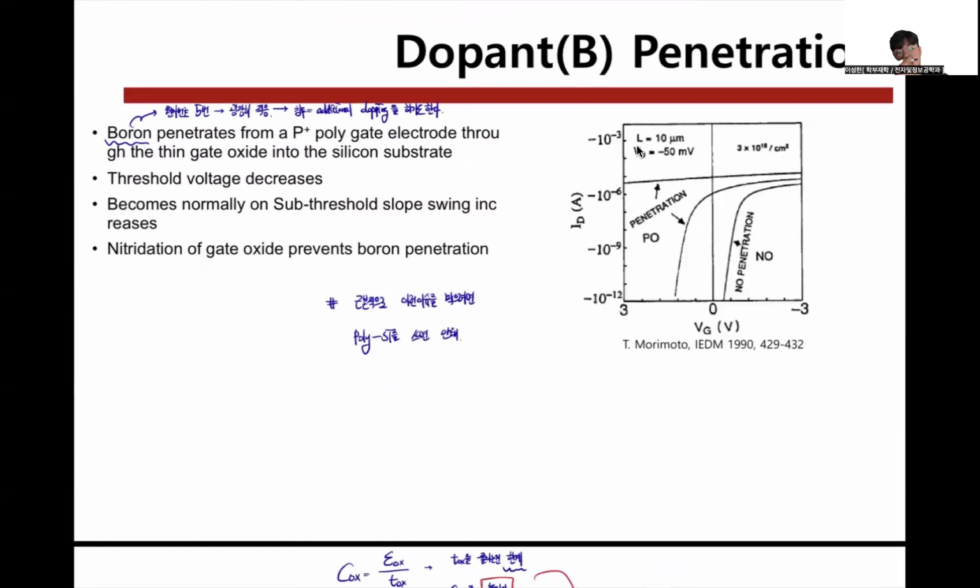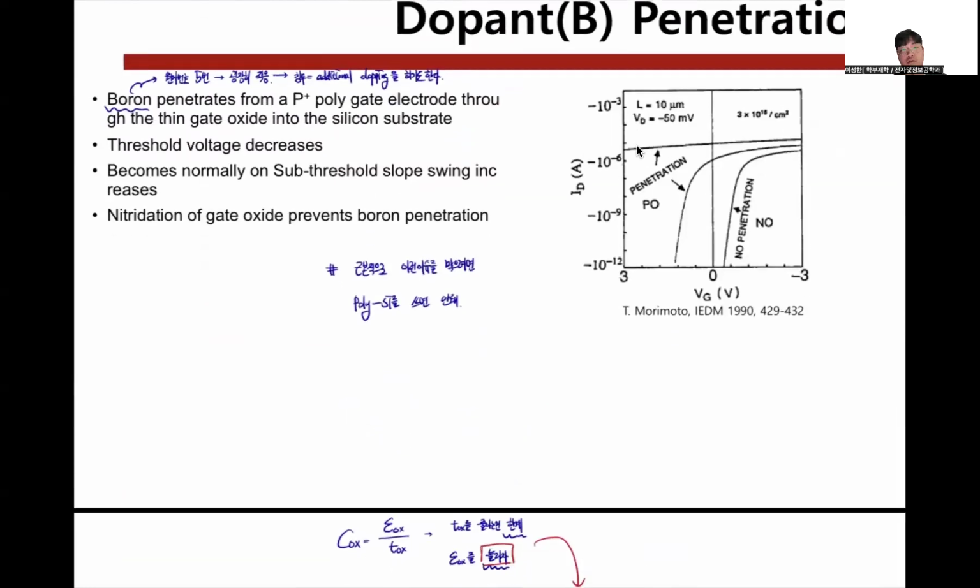We improve this function by improving the dielectric material, because physically there is a limit on how thin we can make it, so we use another material to improve the coupling.